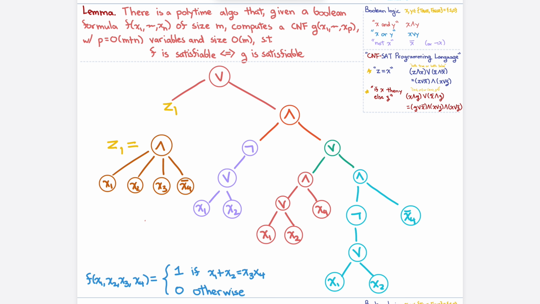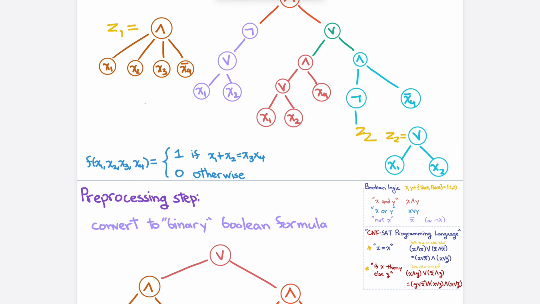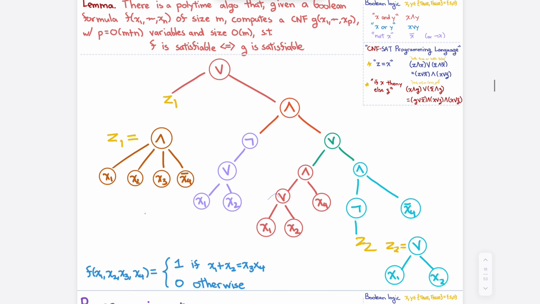Okay, so I can just gradually pull out pieces of this tree. This can be z2, and whatever that comes out to be. Okay. This tree can be z3.